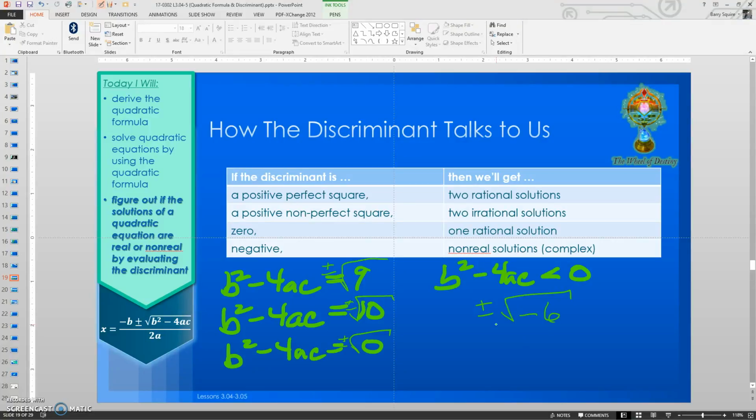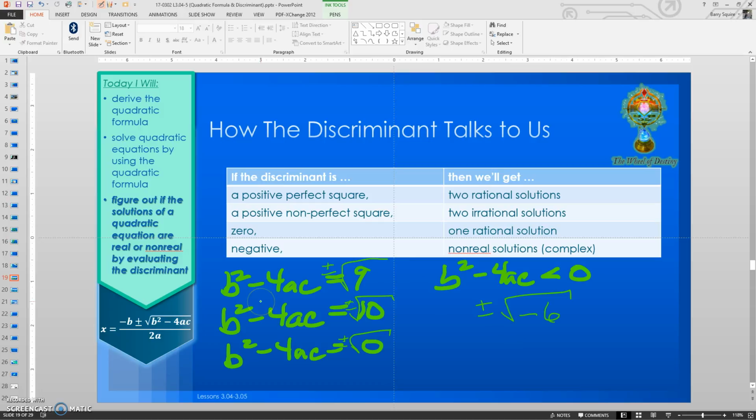We can't take square roots of a negative number, not and stay in the real number system. We can take the square root of a negative number, but we go into a completely different number system, and it's just way beyond this class. So it has to deal with imaginary numbers and things like that. It's really, really cool, but you'll get there. So we don't have to worry about that.